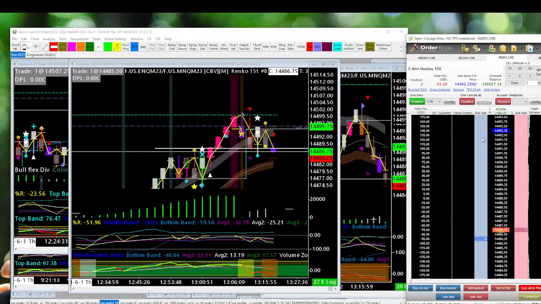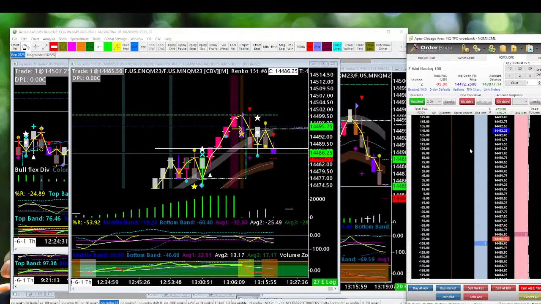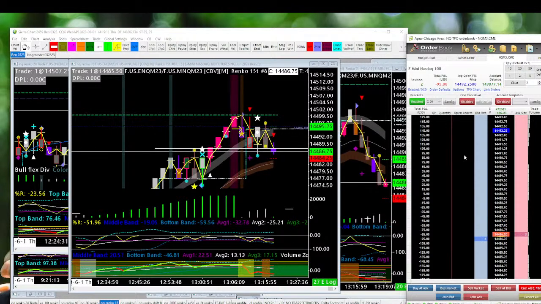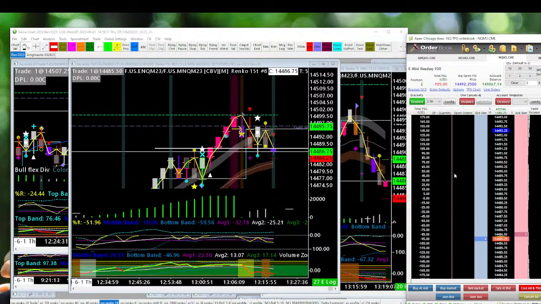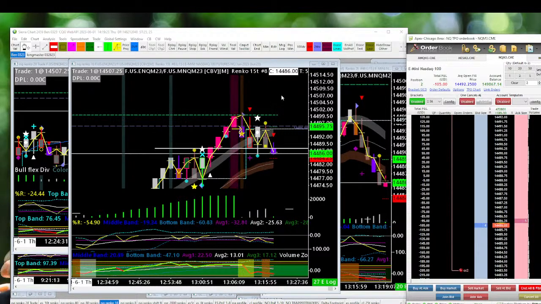And honestly, if it came back to break even and you don't want to just exit, I don't hate it. I'm going to leave it because it's a small stop if I'm wrong. But that's not what I wanted to see.